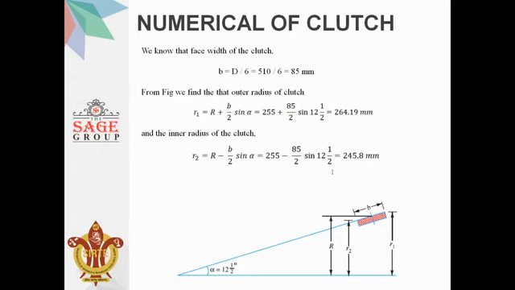Now we have to identify the radii R1 and R2. From the figure mentioned here, we see that R1 is equal to R plus b by 2 sine alpha.